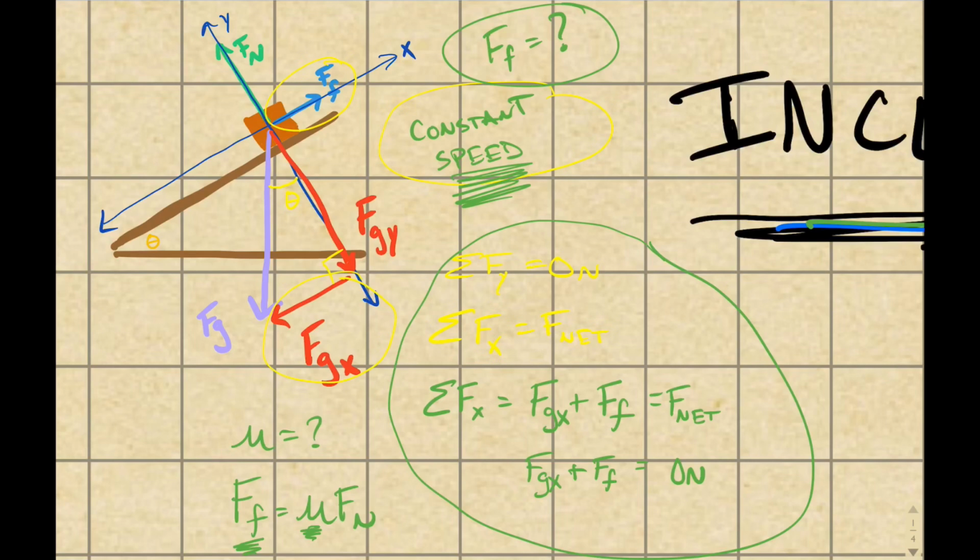We said we need to figure out the force down the ramp, because we know that the forces are balanced, so the force up the ramp has to be the same thing. Again, just like when we were talking about the net force, there's more than one way to find the net force.